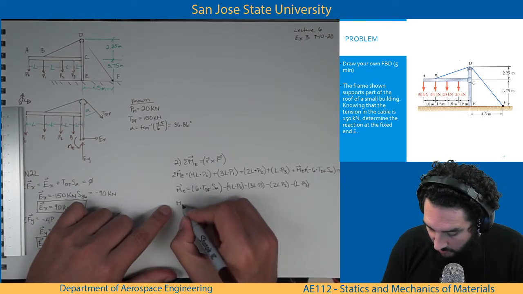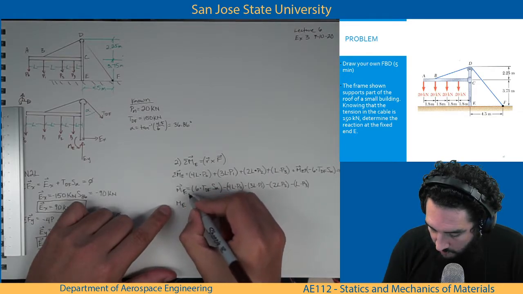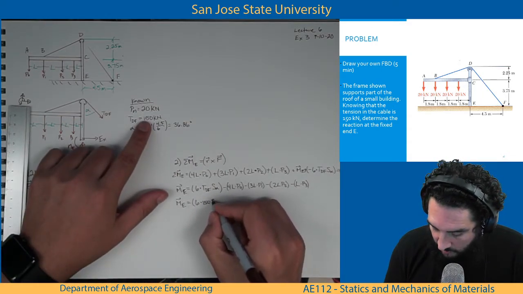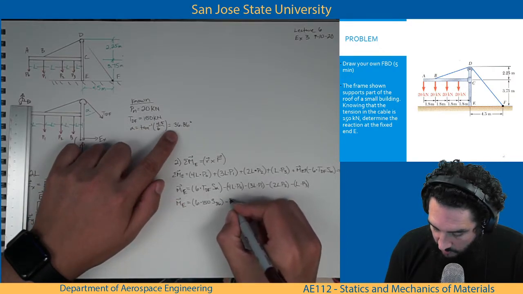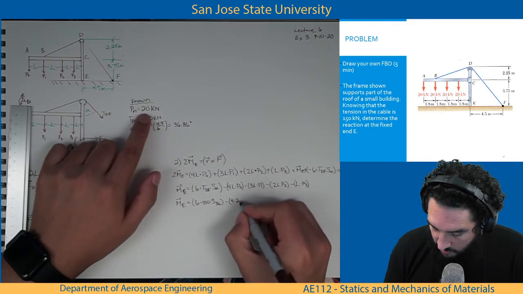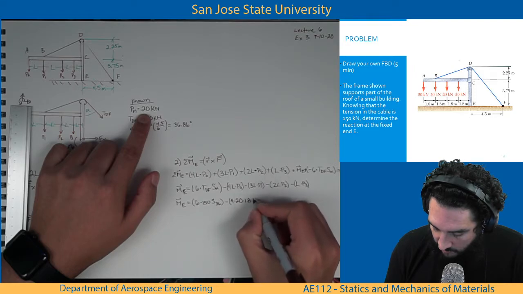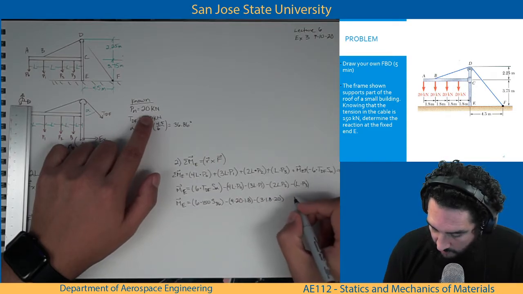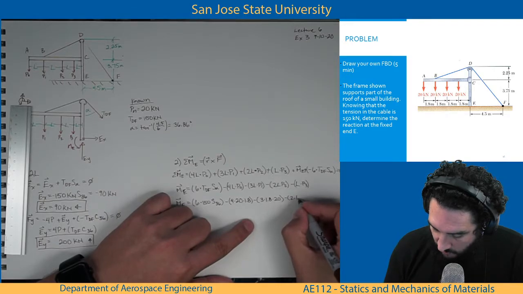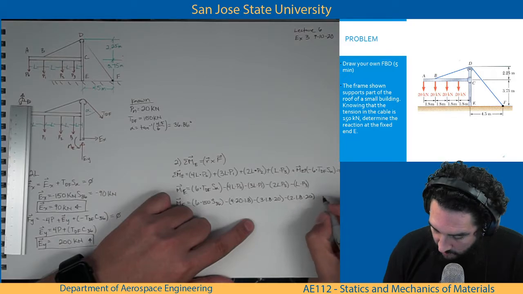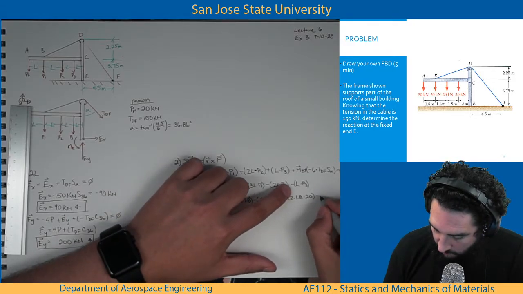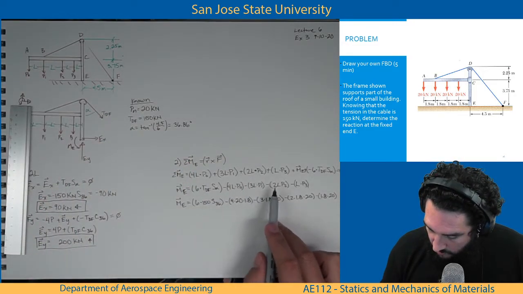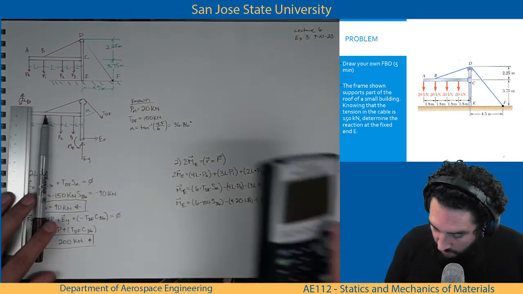So let's substitute in some numbers and carry out the calculations. Six times 150 sine 36 minus 4 times 20 times 1.8 minus 3 times 1.8 times 20 minus 2 times 1.8 times 20 minus 1.8 times 20. Okay. Let's solve for this.